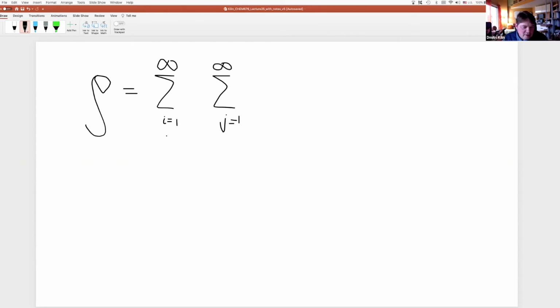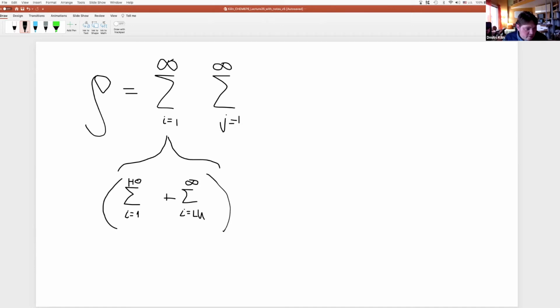Now Sarah said that for the ground state we need to perform the summation from 1 to HOMO, right? But if we want to be general, we need to continue the summation. So we can put the summation of all other terms that we originally didn't include, continuing from LUMO to infinity.